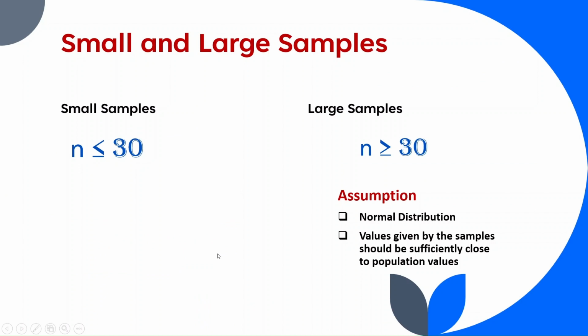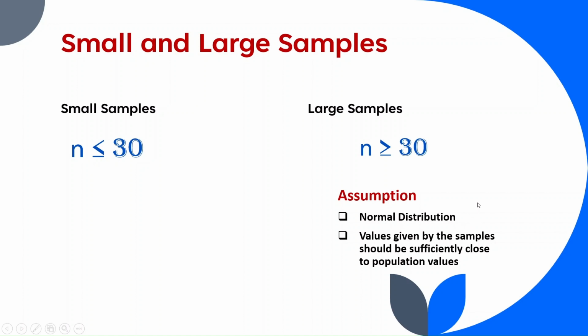We know that the t-test is applicable to small samples only. Small samples are those where the number of observations is less than or equal to 30. On the other hand, large samples are those in which the number of observations is greater than or equal to 30. For large samples, two assumptions are followed.